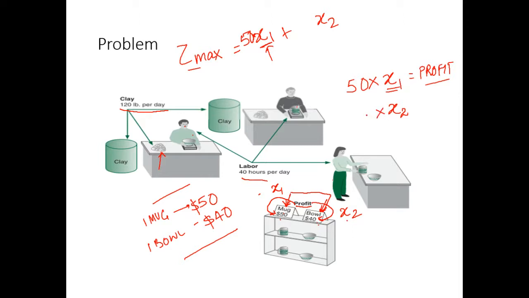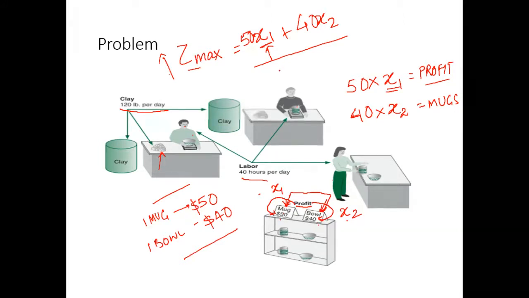By selling one bowl, I make $40. So by selling X2 bowls, I make 40 multiplied by X2. So this is 40. So what is this? This is the total profit. And what are we supposed to do? We have to maximize this profit.